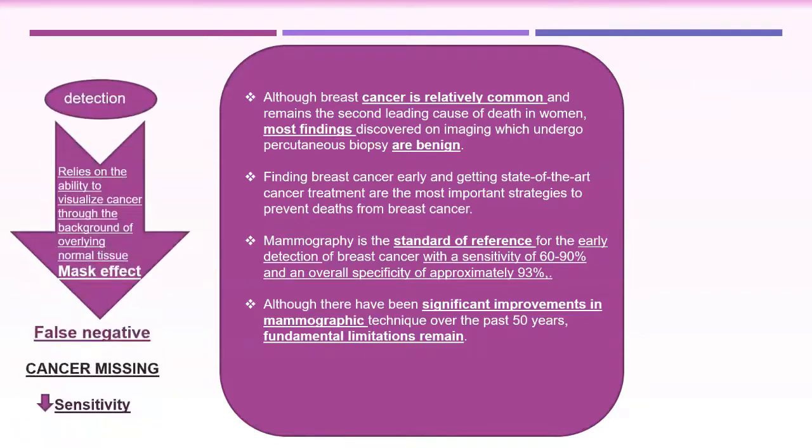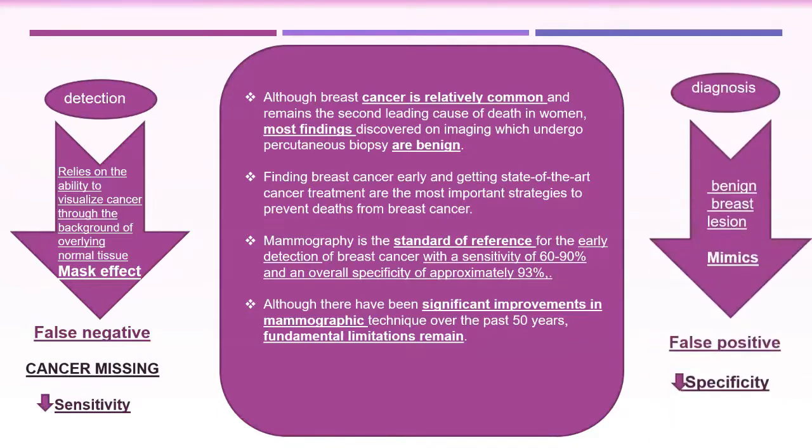In the last sessions, we talked about the detection of breast cancer and pitfalls, and we said that detection relies on the ability to visualize cancer through a background of overlying normal tissue that can result in a mask effect, reducing the mammographic sensitivity and obscuring underlying lesions, resulting in a false negative and therefore a missed cancer.